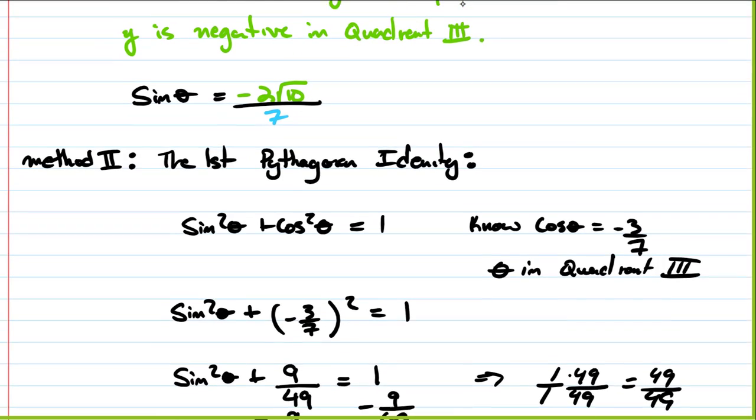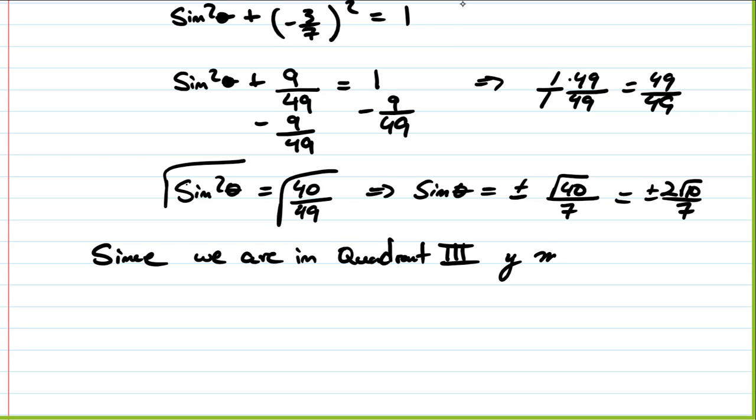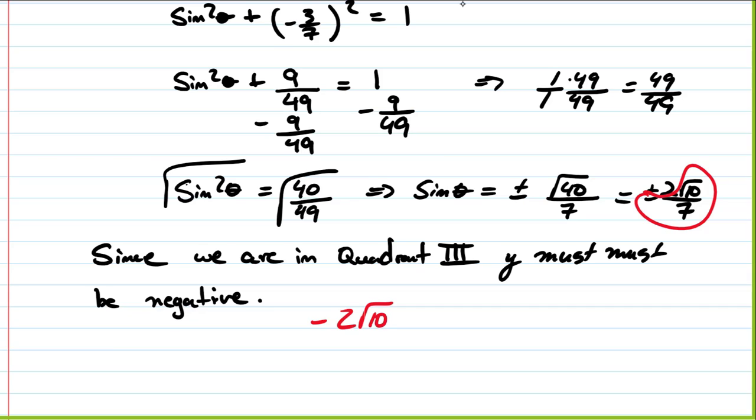So we get that same number, but once again, since we are in quadrant 3, y must be negative. So we select just the negative square root, and we get the answer negative 2 times the square root of 10 over 7. So either way, we get the same correct answer.